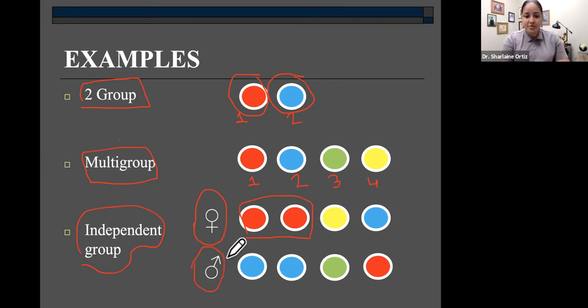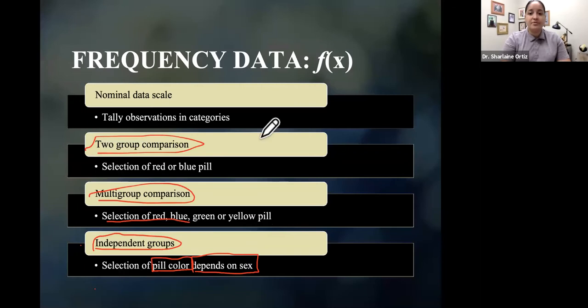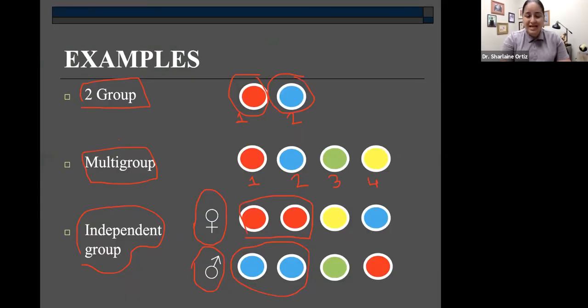Is there an interaction between being male and having a preference for selecting the blue pill? Notice that frequency data will allow us to view those types of comparisons, either by two groups, multi-group, or because there is an independent group, in this case females and males.